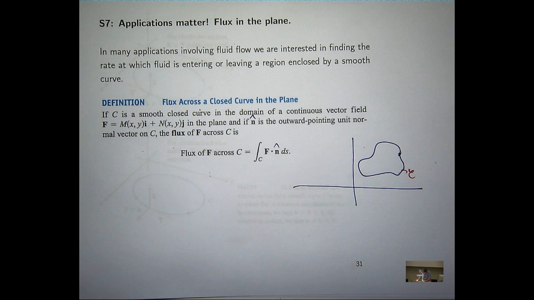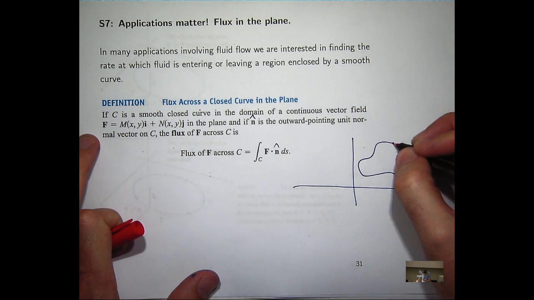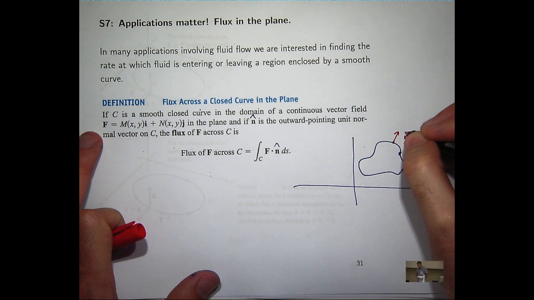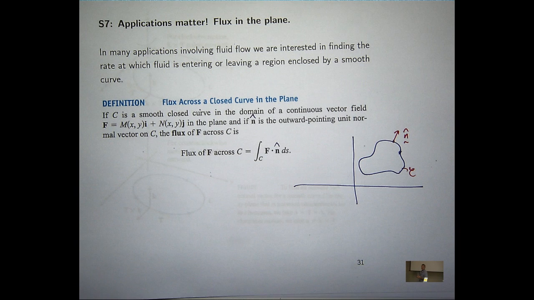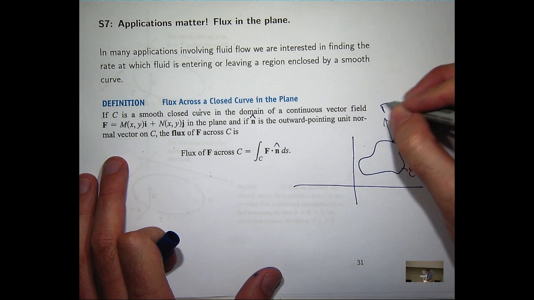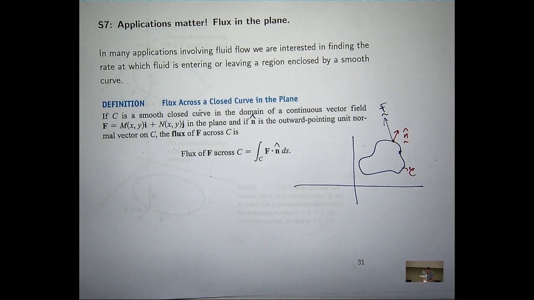Well, we spoke a little bit about this when we looked at divergence, but essentially what I do is, say I'm at a point here, I can formulate a unit normal, say an outward pointing unit normal if I want to calculate the outward flux or the outward flow rate. And at every point on the curve, F's going to have some value.